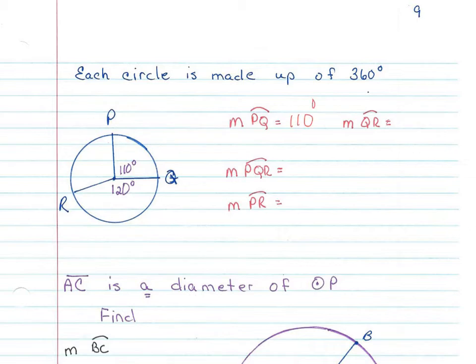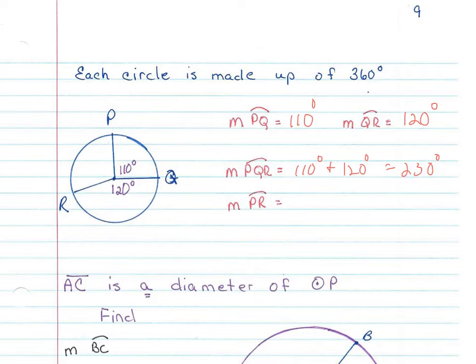What is the measure of arc QR, Yuliana? 120 degrees. What about the measure of arc PQR, Monica? 230. It's 110 degrees plus 120 degrees, which is 230 degrees.